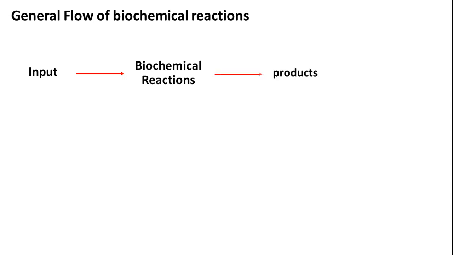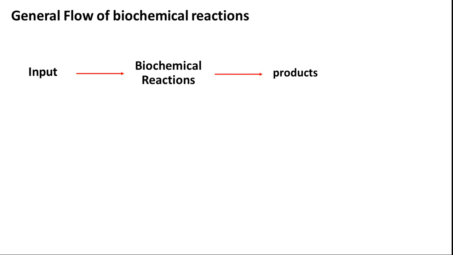General flow of biochemical reactions. Inside our body, how do the biochemical reactions happen? All these biochemical reactions will have an input. Some kind of initiation, some kind of need, will switch on a biochemical pathway. It initiates a series of biochemical reactions to ultimately give you a product or products.